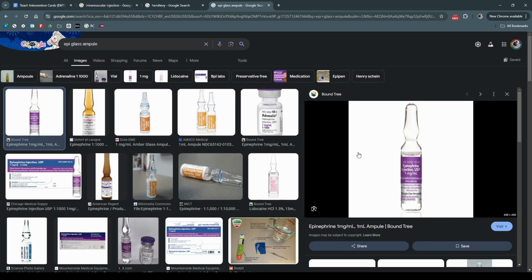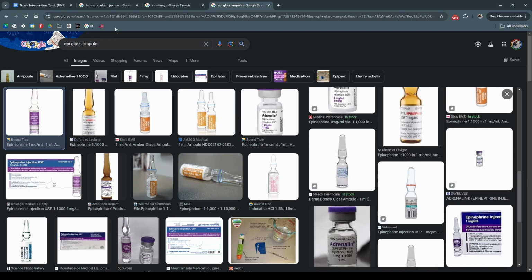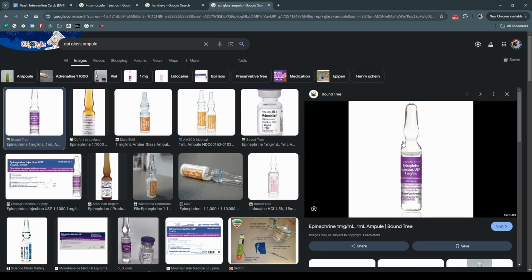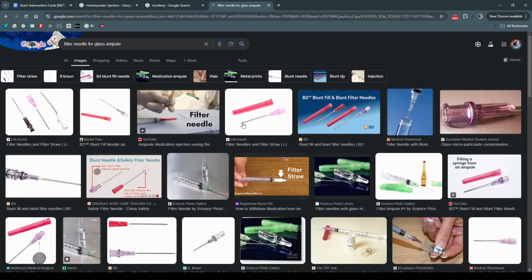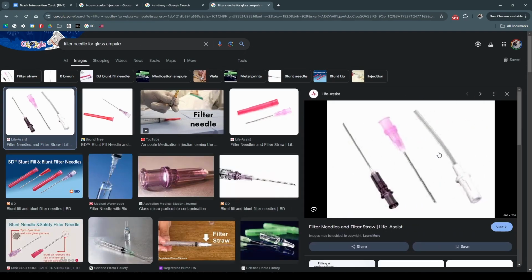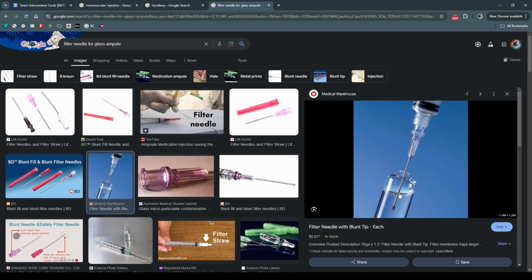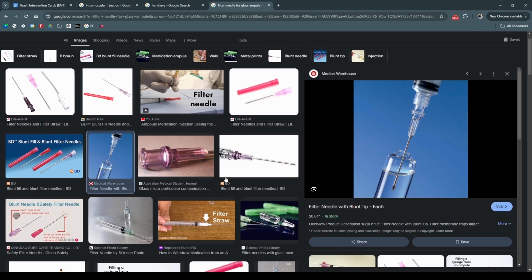Now, one of the things that's important to note is that you would need a filtered needle to do that, because when you break this, little pieces of glass come in there. That's super bad for veins. And so here is a standard needle, just pulling up all the fluid and whatever glass falls into place.